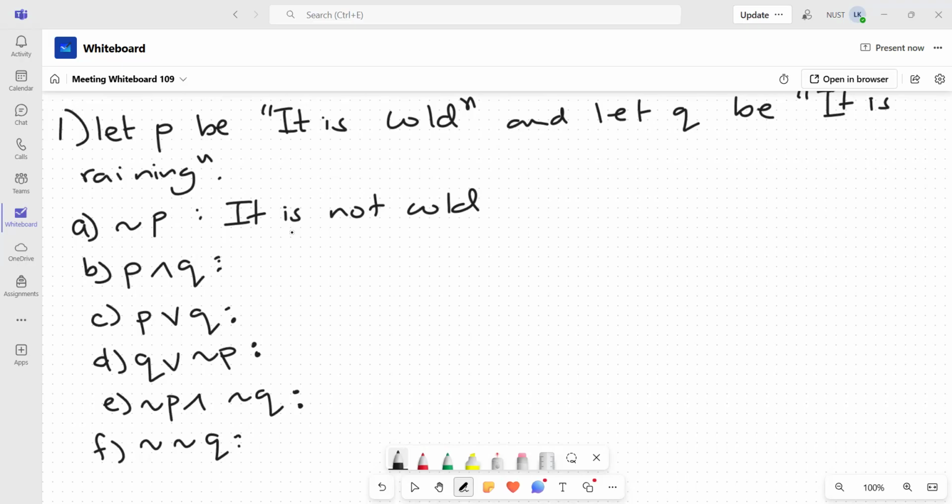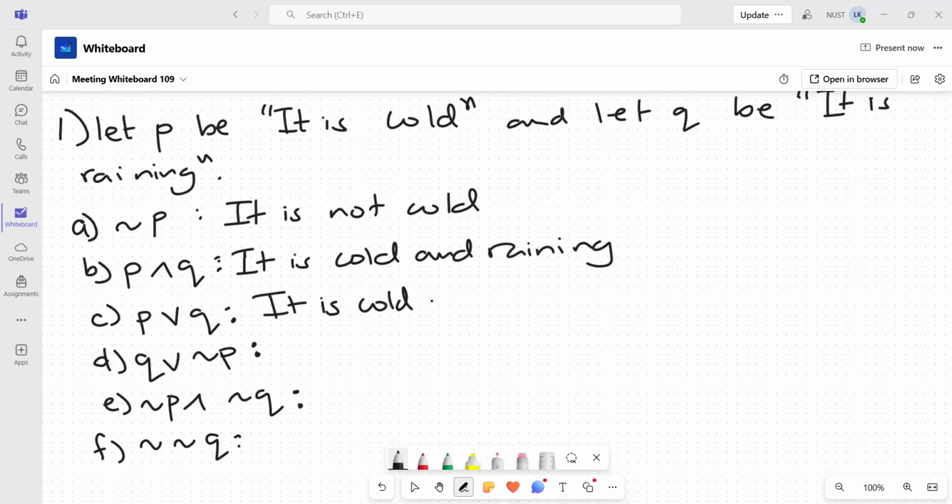Okay, P and Q would be it is cold and raining. So it is cold and it is raining, as long as I see that you understand that this symbol represents and. Then the third one, P or Q, it is cold, or it is raining.